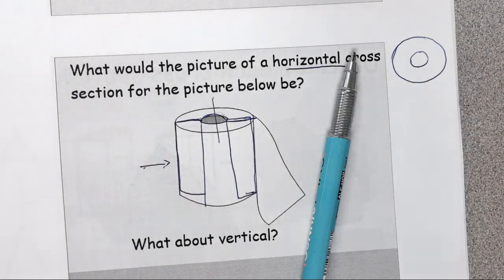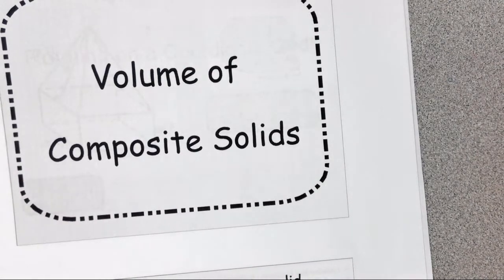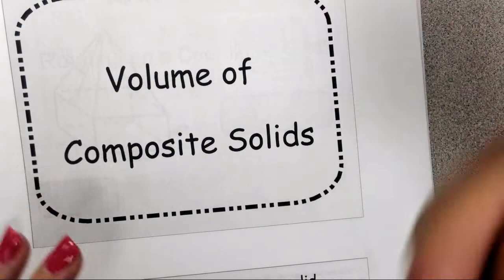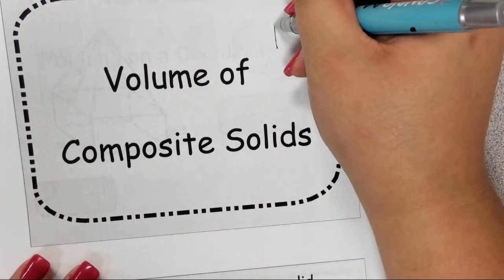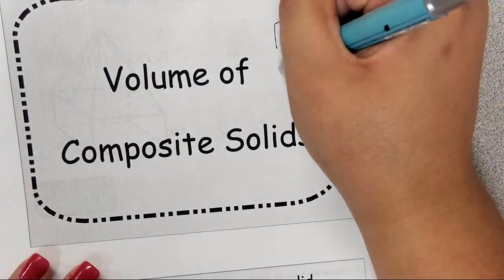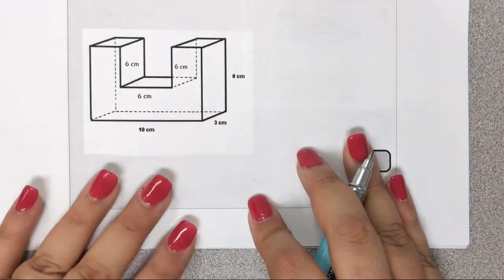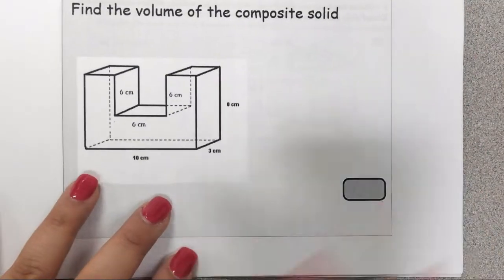Okay. Check. We did one thing. Next, we learned about area of composite figures, when we learned about how to find the area of some weird figure. Remember when I had you find the area of this when we did the area unit? Now we're going to do composite solids. How would we find the volume of this?